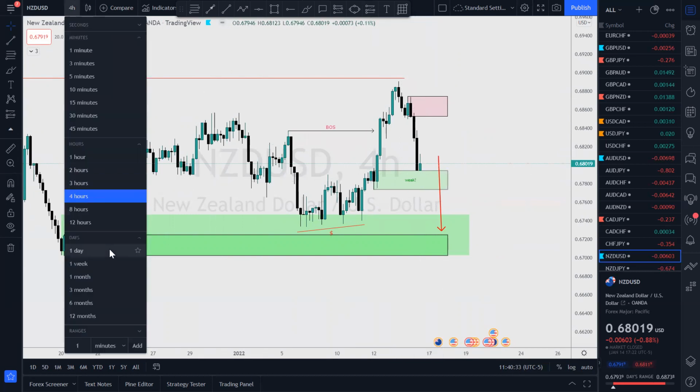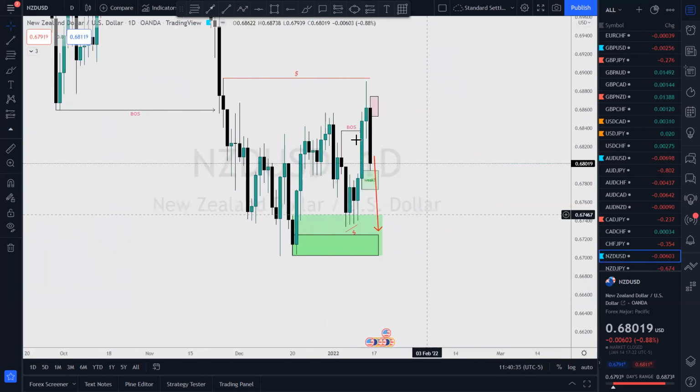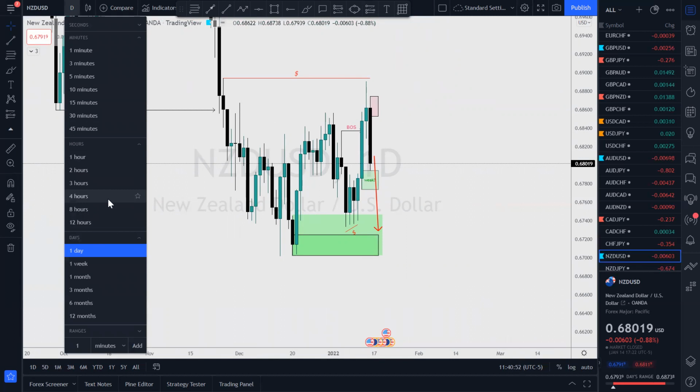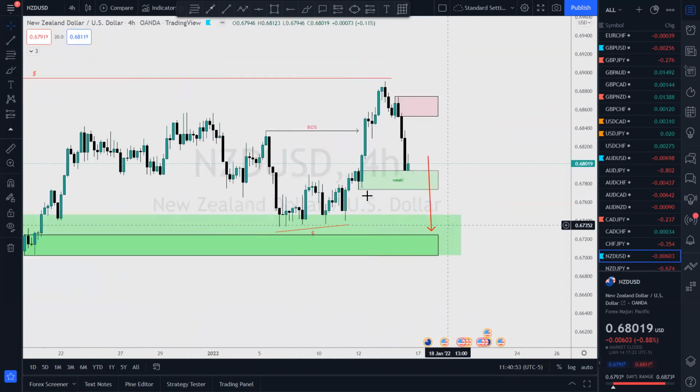If you take a look on the daily, it closed bearish, man. USD strength came in, all right? And that's a very bearish candle. So I am very suspect of this bullish 4-hour order block here.